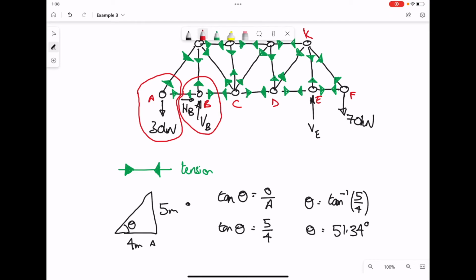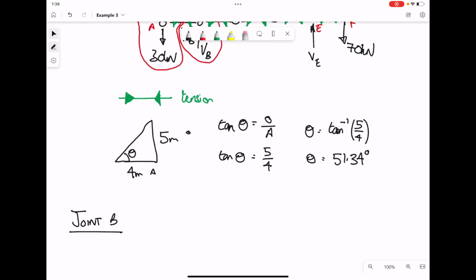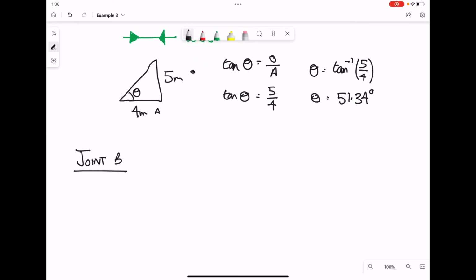I'm going to draw a separate free body diagram, and it should look like this, with member forces acting away as per the green arrows, and we have our reaction forces applied at the joint.